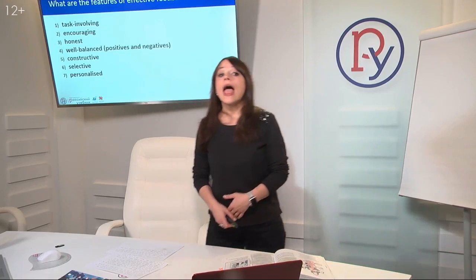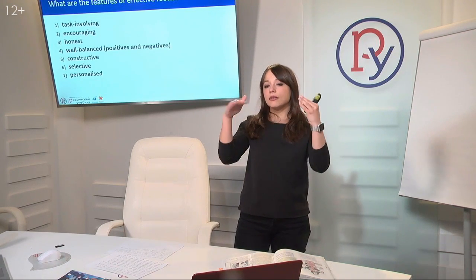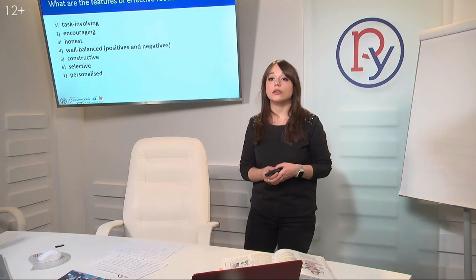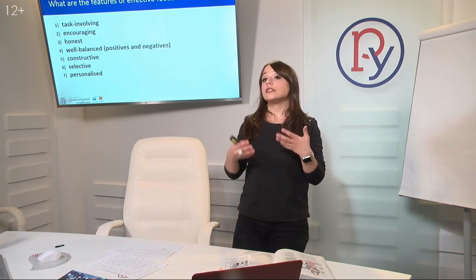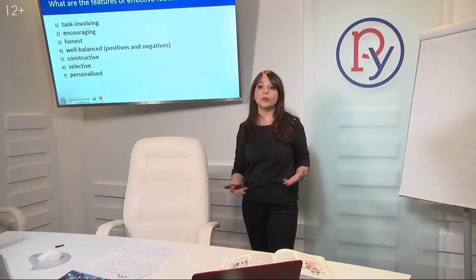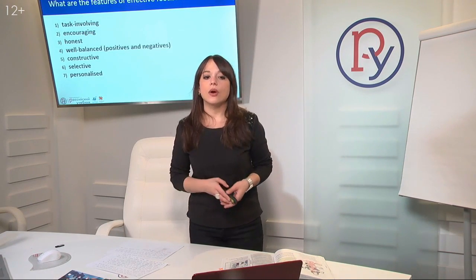Instead of saying poor grammar, we should say what in particular is not so good about the use of grammar. And more importantly, instead of just stating the fact that there are quite a lot of grammar mistakes in this piece of writing, we might want to offer them a little action plan, and suggest different ways of how this problem can be solved in our learners' subsequent pieces of writing.